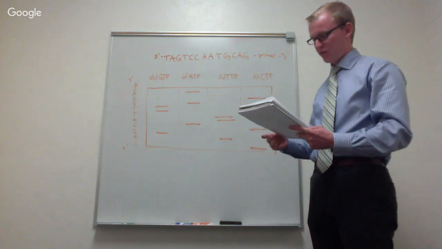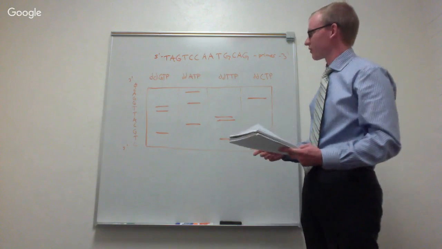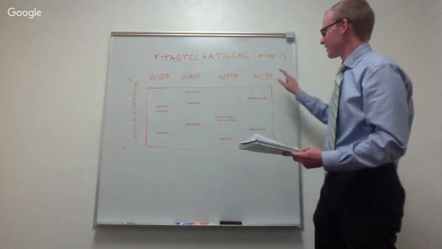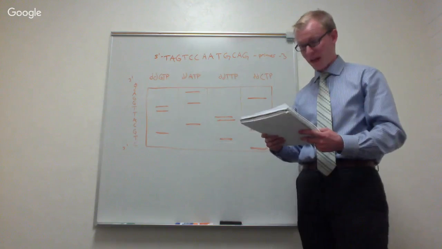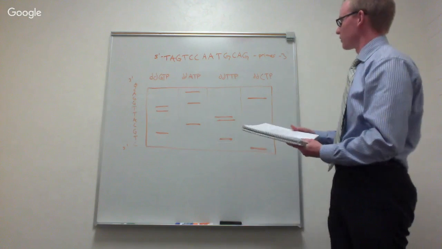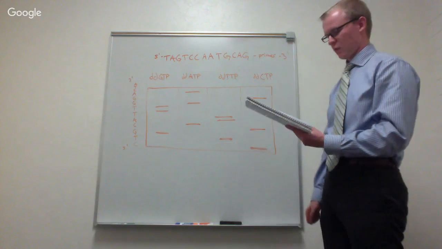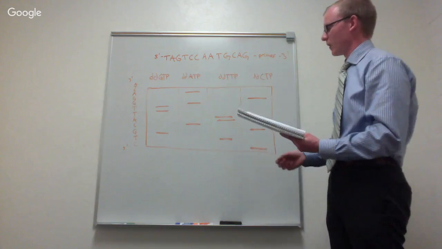We have made a diagram of our electrophoresis gel with a lane for each of the ddNTPs: ddGTP, ddATP, ddTTP, and ddCTP. Our banding pattern corresponds to the complementary strand of our DNA sequence up here.